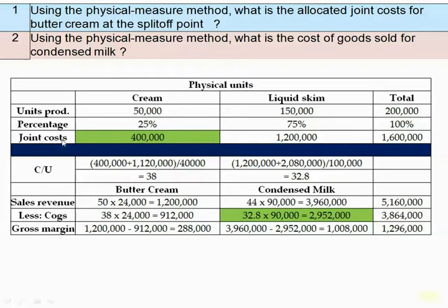So joint costs allocated will equal 25% multiplied by 1,600,000, which results in 400,000, and for liquid skim 75% multiplied by 1,600,000, which equals 1,200,000. So the answer of the first requirement, the allocated joint cost for buttercream using the physical measure method, equals 400,000.